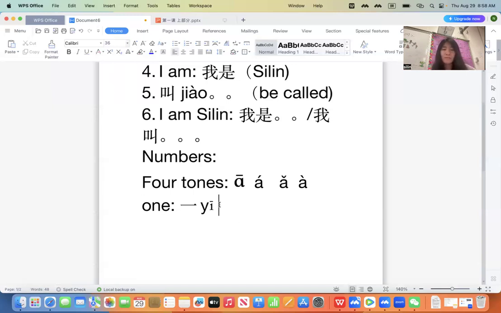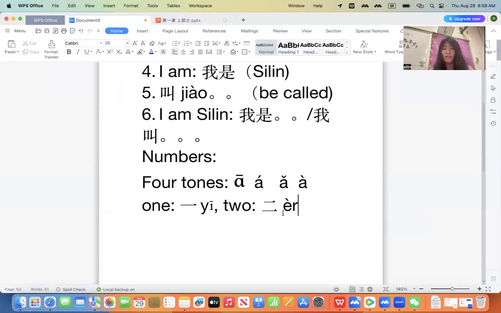Okay, now let's go to the next one, number 2. How to say number 2 in Chinese? This is the Chinese number 2, and we say er, with the last tone.